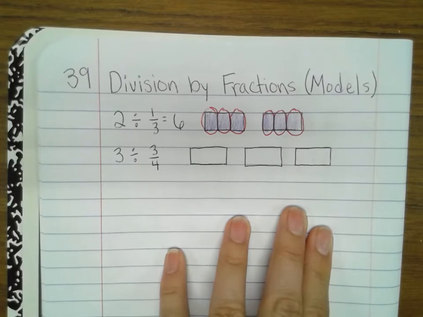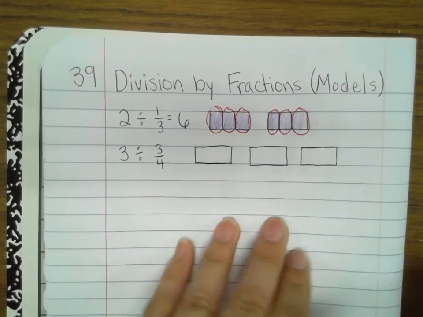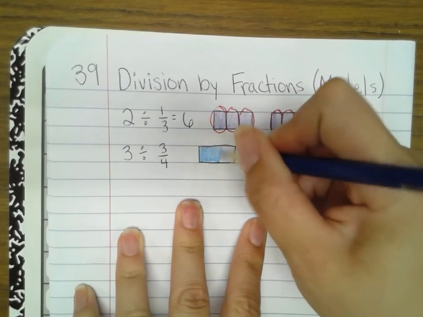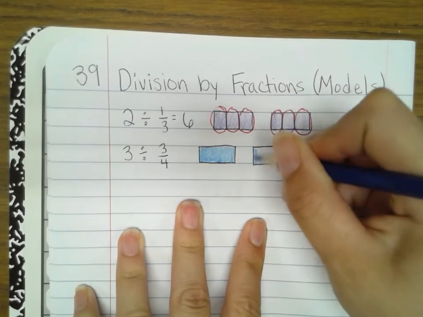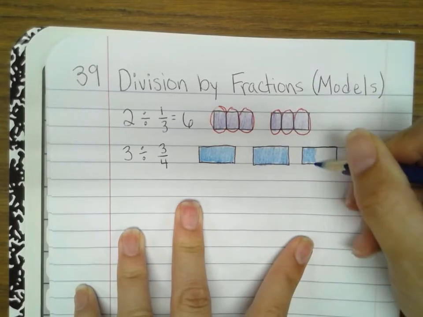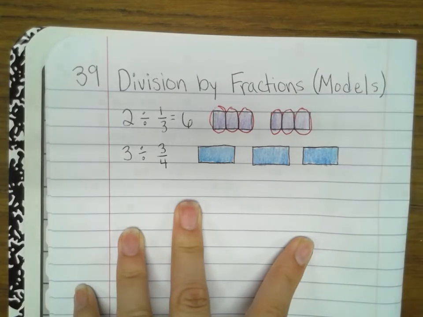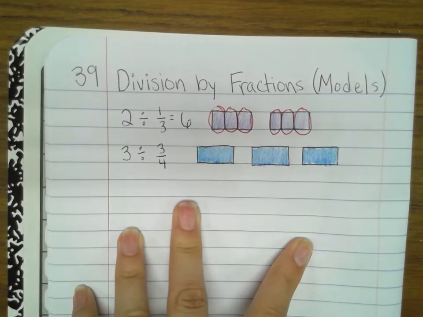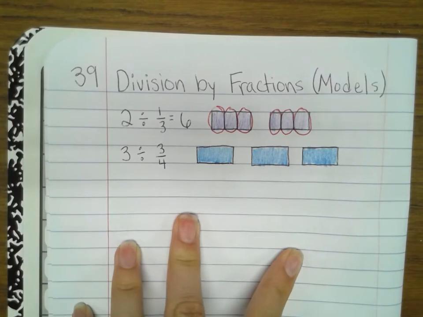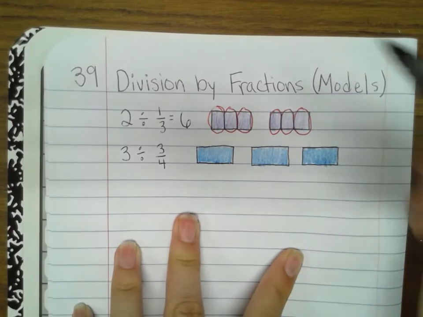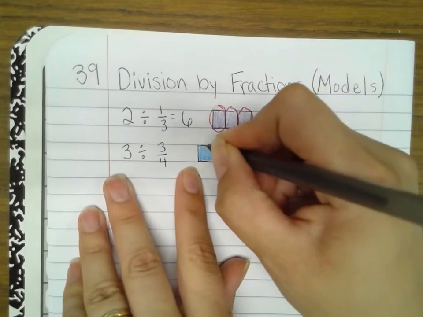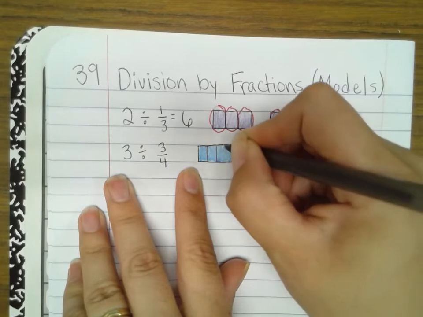Okay, now go ahead and color those in. Okay, so we have 3 whole units, but we need groups of 3/4. So we're splitting it into groups of 3/4. Before we can get 3/4, we need to have it split into fourths. So we need 1/4 size pieces. So split each one of these whole units into 4 equal pieces.